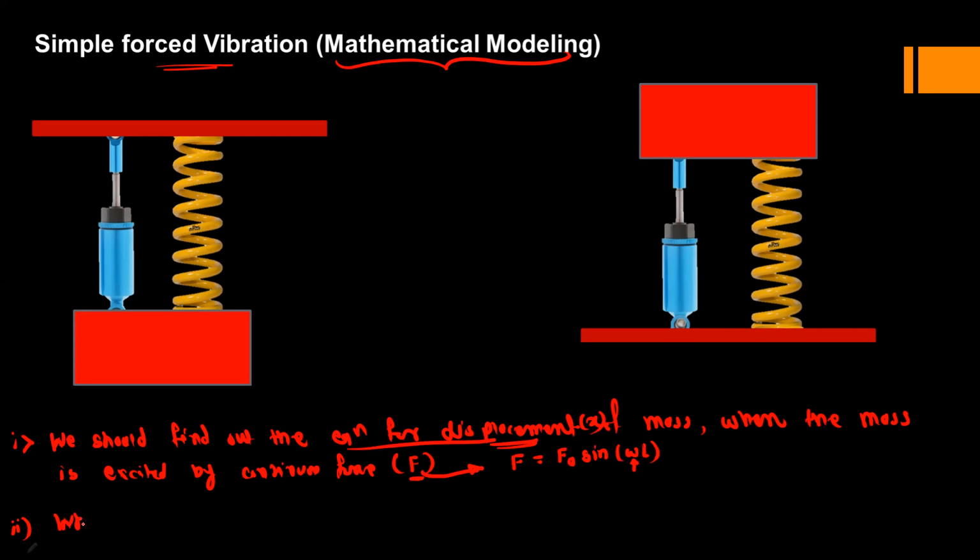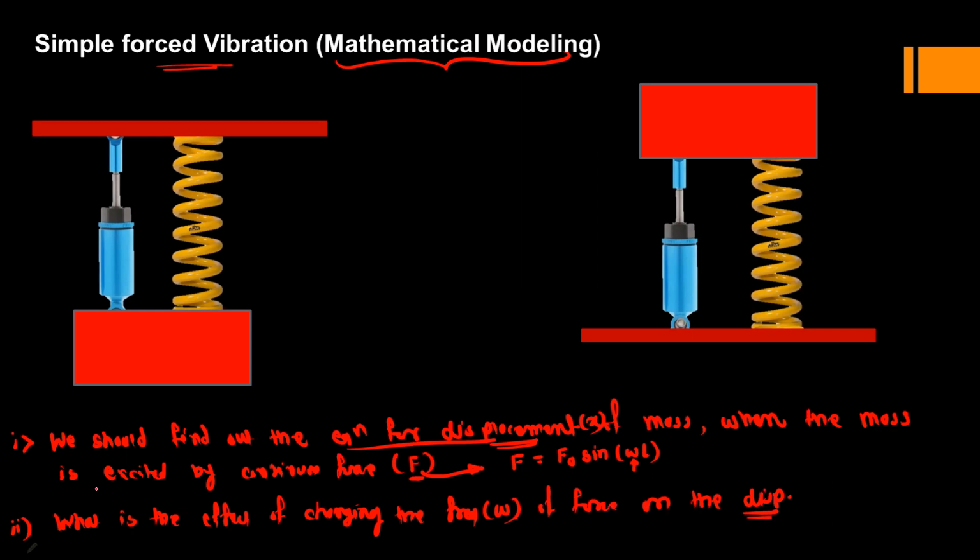So we will study what is the effect of changing the frequency, which is the external frequency for this force. It is not a natural frequency. So what is the effect of changing the frequency of the force on the displacement?